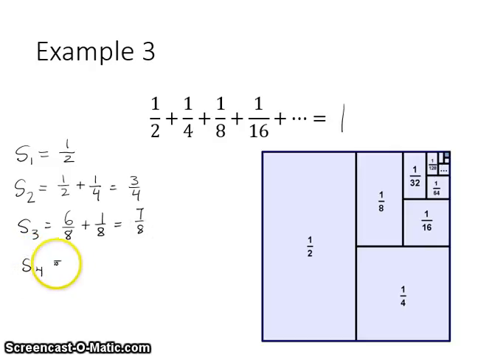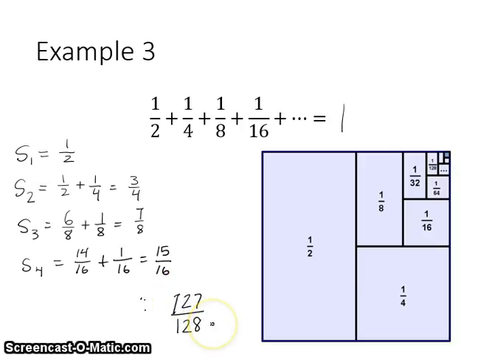The next term, I'm going to add a 16th on, so I'm going to change that to 14/16 plus another 16th, which is 15/16. And maybe you can see that I'm getting really, really close to 1 as my numbers get bigger and bigger. By the time I'm to 1/2^8, I'll have 1 - 1/2^7 of them. So I'm approaching 1 as I add on these terms. That's not a proof, but it maybe is pretty convincing.